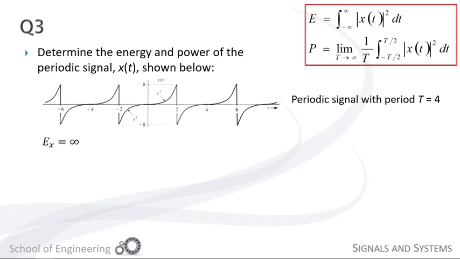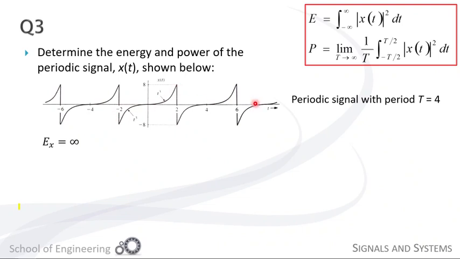So you apply that, but you look at the period, right? This signal is modeled that way. It's following the t cubed curve between -2 and 2, and then it's just replicated.